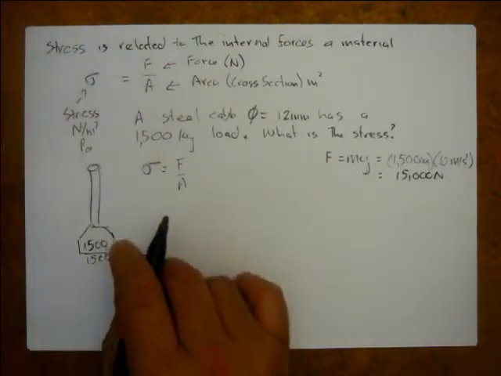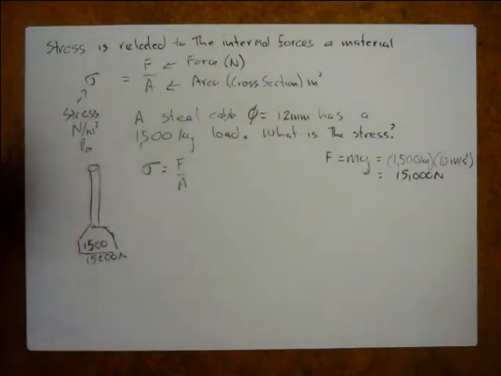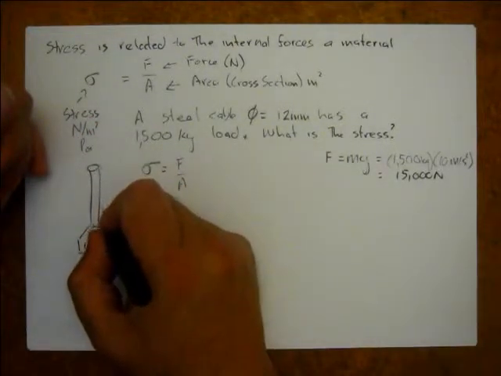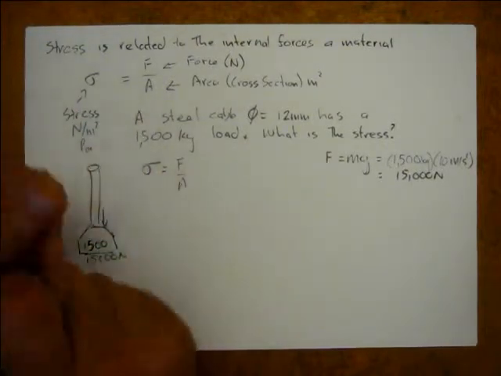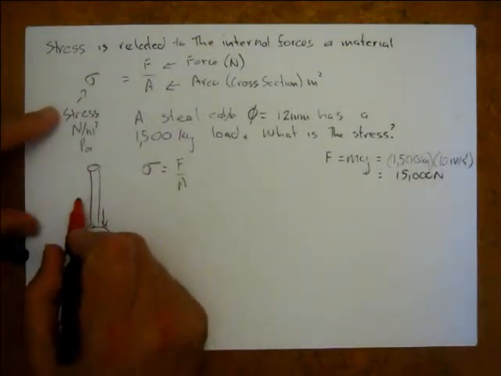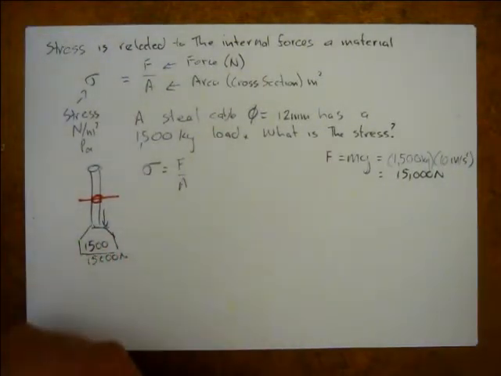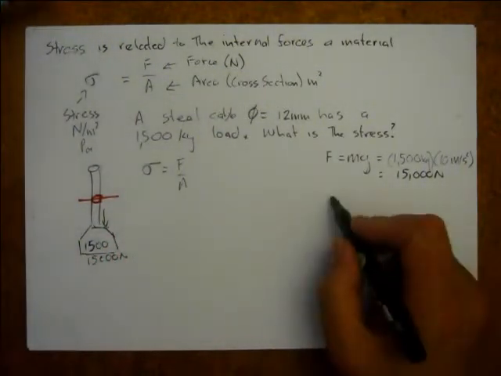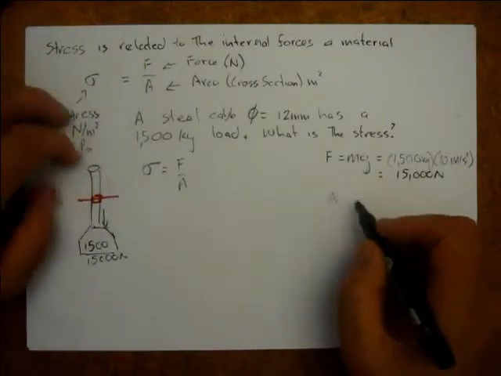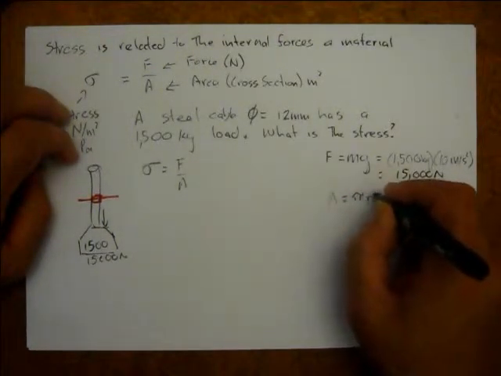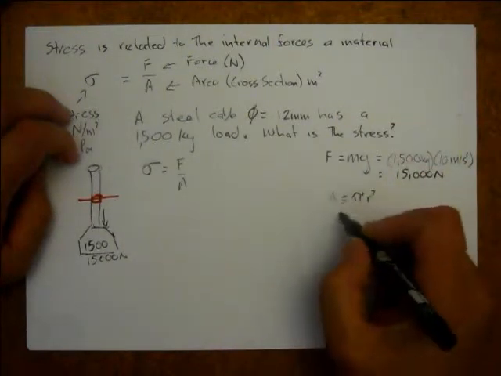And what's the cross-sectional area? If we have the load acting this way, and I cut it this way, what's the area of steel there? The area of a circle is equal to pi r squared, which is the physics way of doing it.